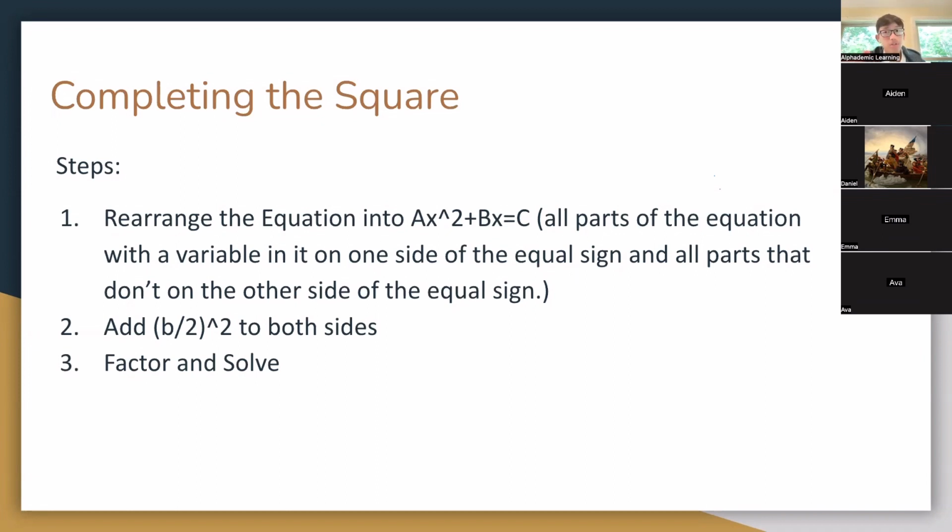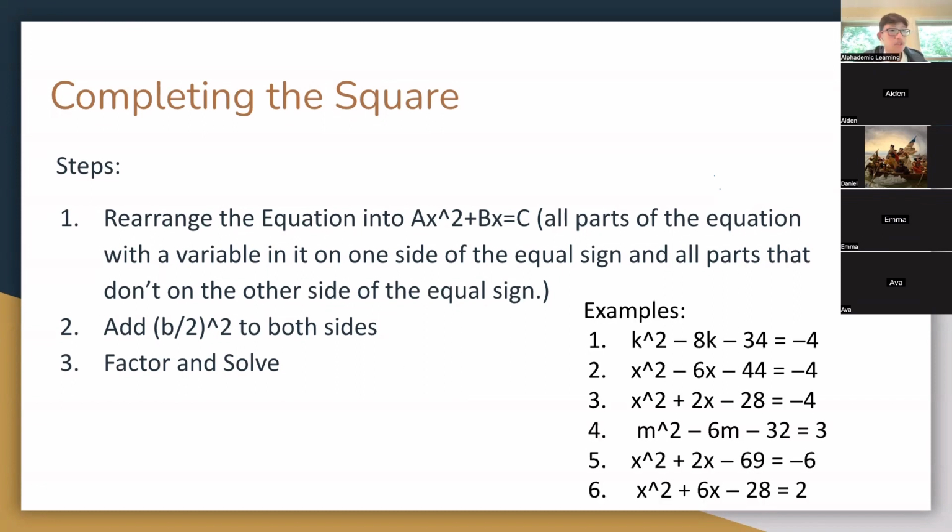So all parts with the variable, x or y or whatever, go onto one side of the equal sign, and all the parts that are just numbers go on the other side. Then you would add (b divided by 2) squared to both sides.